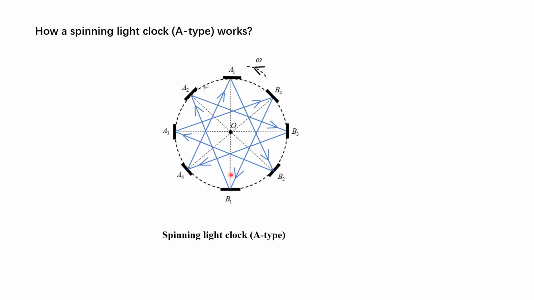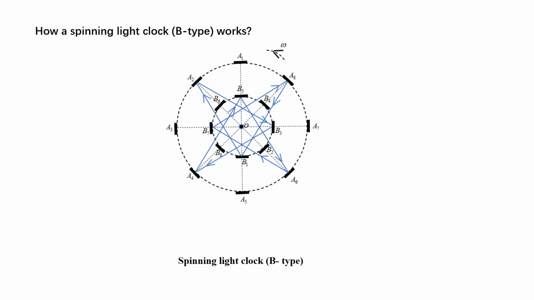However, if it spins, initially the photon is at the position B1, and the next step it will go to A2, and then to B3, and then to A4, and then to A1, and then to B2, and so on. So this constructs an A-type spinning light clock.